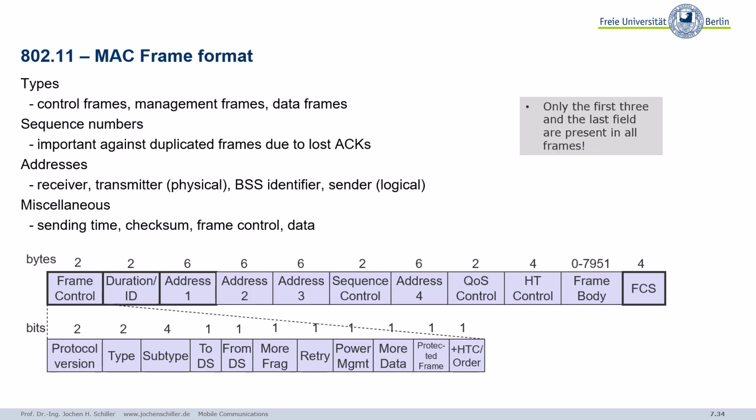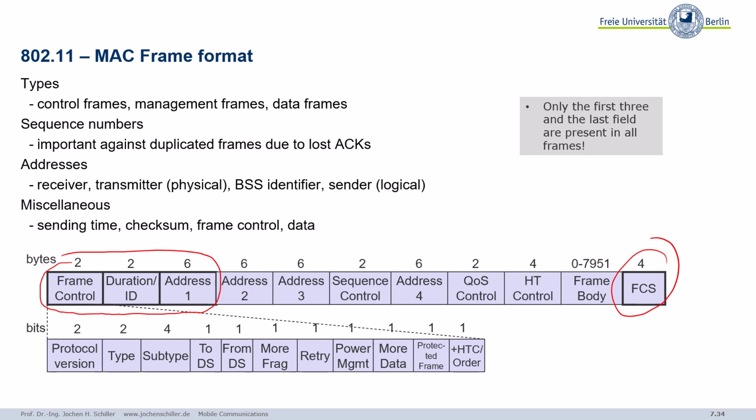And for sure, there's also a frame format. Again, the single fields are not that important, just the basic components. So all the frames contain at least the first three and the last field. That means a frame control, a duration or identifier, and at least one address field and a checksum. There are different types of frames: control frames, management frames, and the data frames to transmit your data.